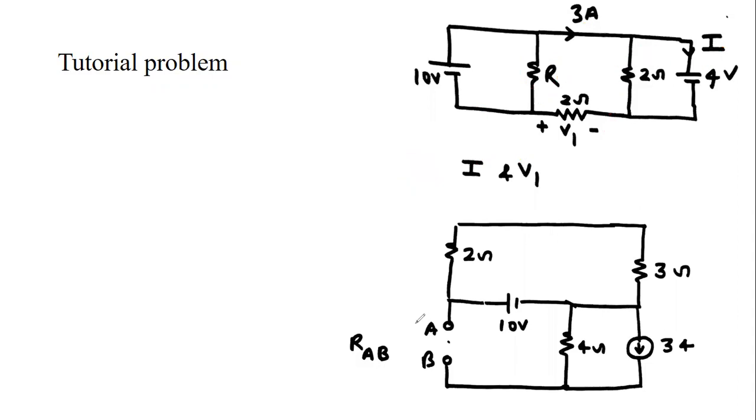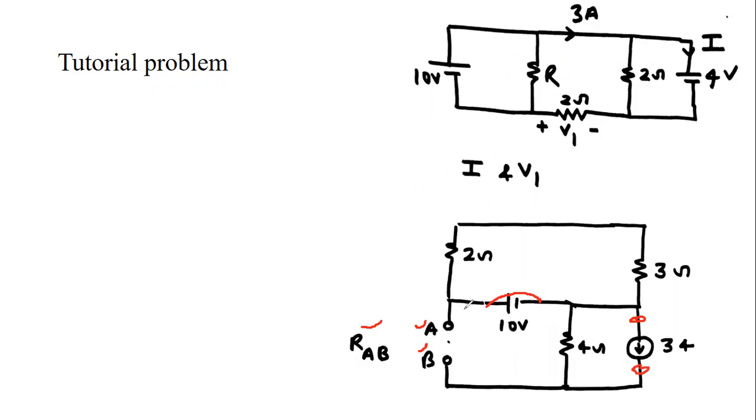Okay, now we are moving on to the second question. Find the equivalent resistance between terminals A and B. Whenever we have to calculate the resistance, always short the voltage source. So this voltage source is shorted and this current source is an open circuit.